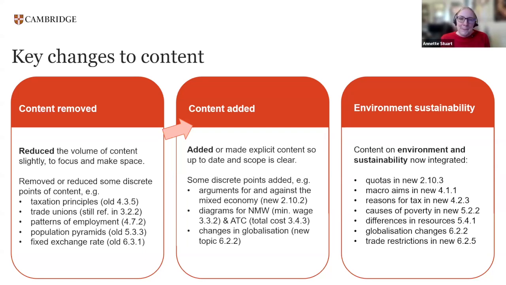So a few examples: arguments for and against the mixed economy in section 2, and diagrams for national minimum wage has been included in topic 3, and average total cost diagrams is explicit now in topic 3, and a new expanded topic on globalization in topic 6, looking into the causes and consequences of changes in globalization.